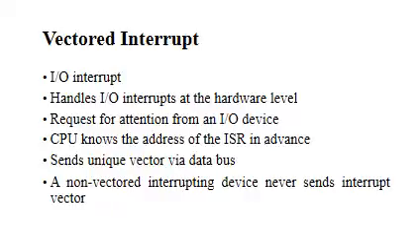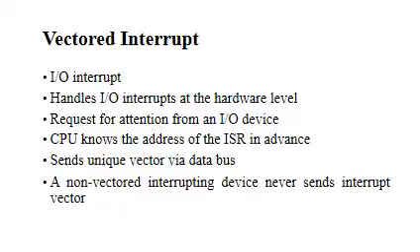In a computer, a vectored interrupt is an I/O interrupt that tells the part of the computer that handles I/O interrupts at the hardware level that a request for attention from an I/O device has been received, and also identifies the device that sent the request.